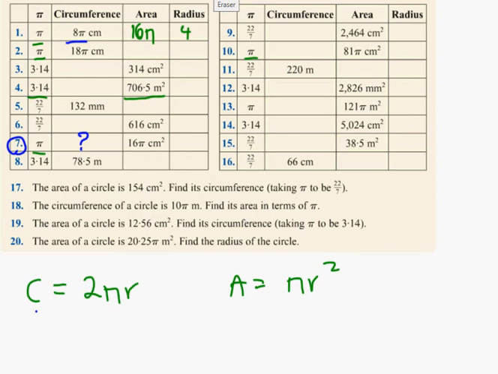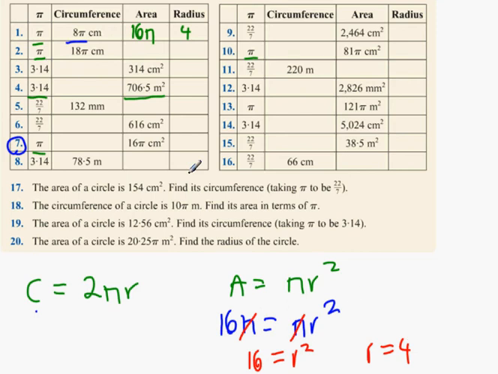No. We don't know it. What do we know? You do know what the area is. And we know the area is 16 pi, and we know that the area equals pi r squared. What happens to the pi's? What are we left with? The radius is 4.